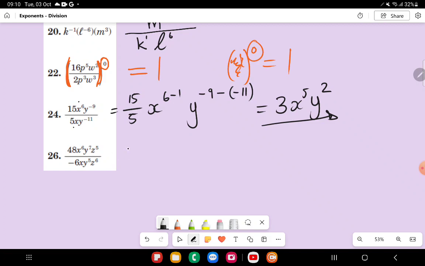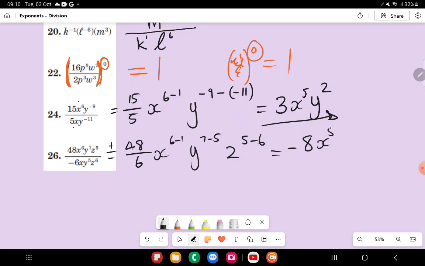And the last one, we're going to say plus divided by minus, 48 divided by 6, x^(6 minus 1), y^(7 minus 5), z^(5 minus 6), which gives us, hold on, negative 8, x^5, y^2, z^(negative 1), which is rewritten as negative 8x^5 y squared over z as a denominator.